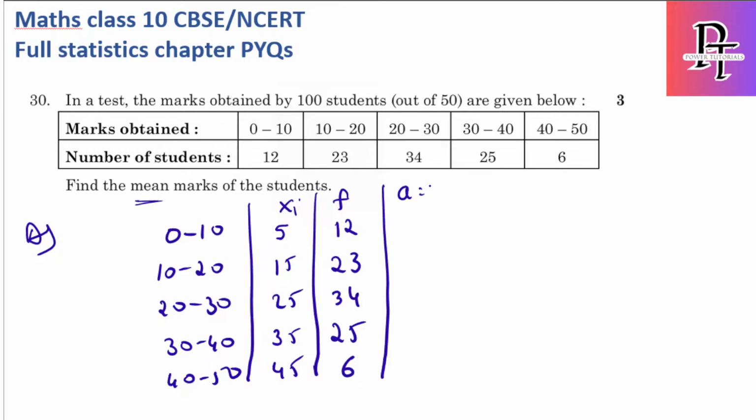And then as these are bigger values, I am trying to get the assumed mean, and the deviation value, which is di, is nothing but xi minus a. So what I am assuming is the mean value as the middle value, which is 25.